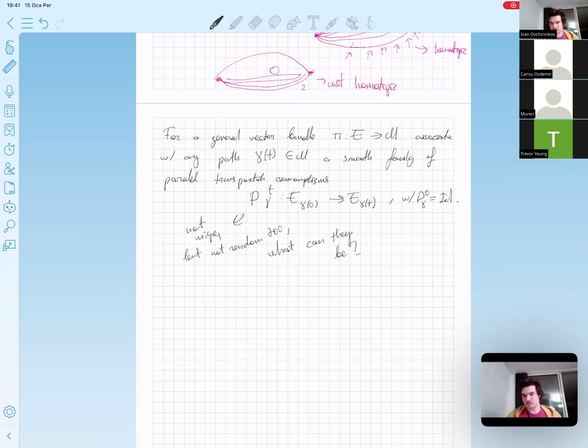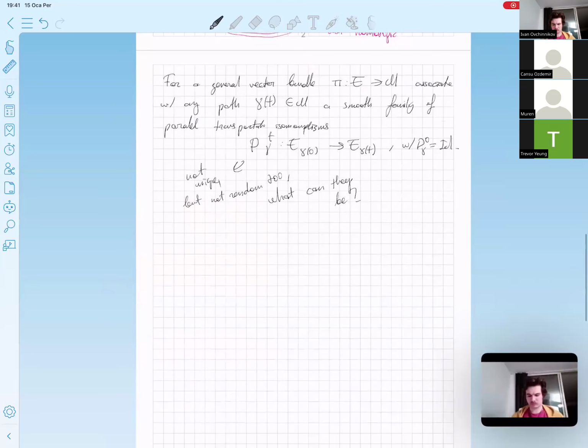So there might be two paths that are not homotopic to each other, that you cannot push one to the other. And then you will have two different kinds of parallel transportations. But at the end of the day, they have to be related somehow, because you can't just write anything to be a parallel transportation. That wouldn't make sense.